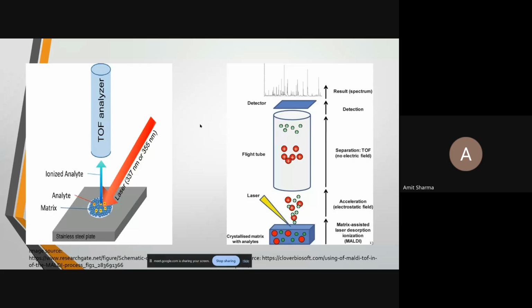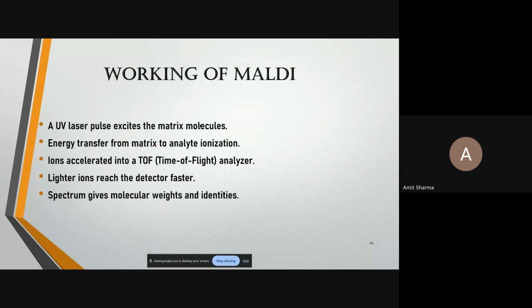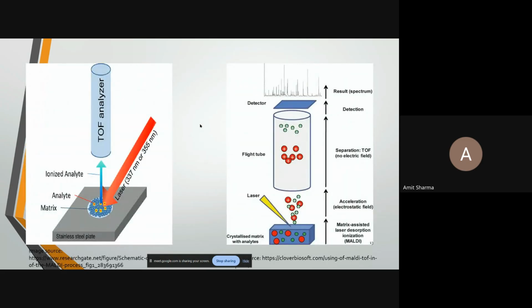The second process is laser desorption and ionization. The energy is transferred from matrix to analyte, causing ionization, and ions are accelerated into a time of flight analyzer. After the sample is prepared, we hit the sample with a pulsed laser beam, which is usually a nitrogen laser because it falls in the range of 337 nanometers to 355 nanometers, which is the UV range.